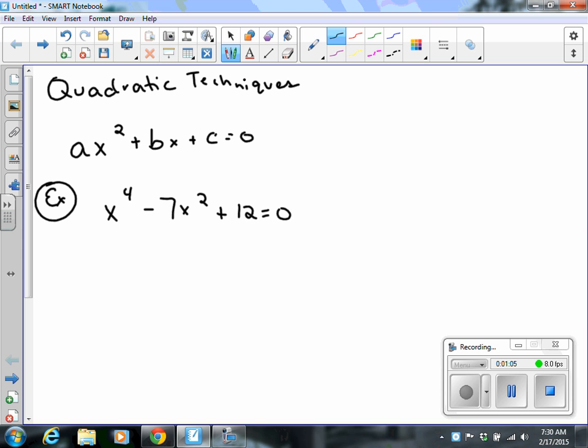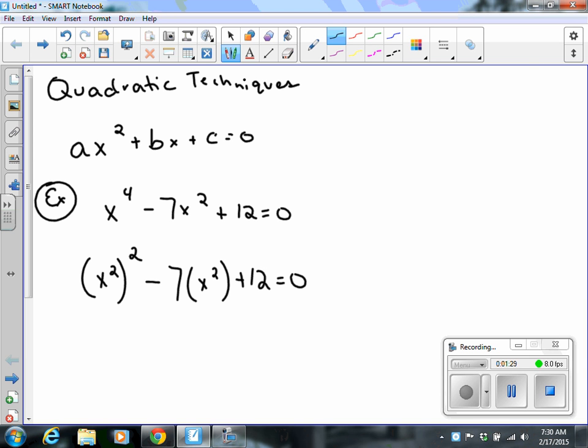Well, okay, so I'm working with a 4 here. I can't necessarily see the quadratic yet, but if I pull that out and look at it as x squared, squared, then I know that's x to the fourth minus 7x squared plus 12 equals 0.